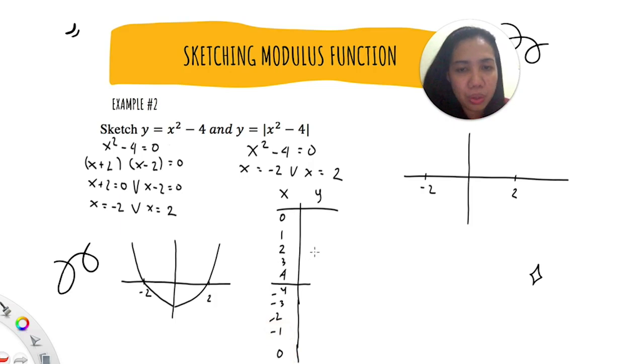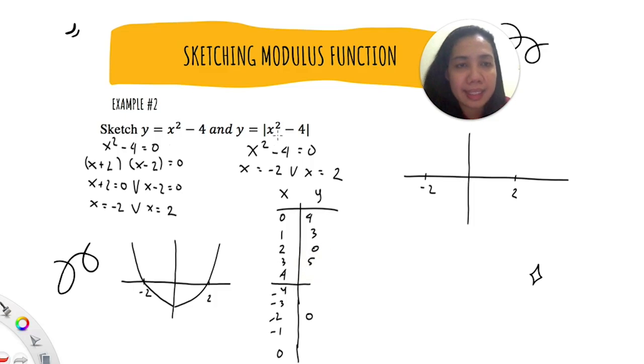For 2, actually we'll have y equals 0. For minus 2, we'll have 0 also, because it is what we have done before in the factorization. We put 1 in here: 1 squared minus 4 is minus 3, and the absolute value of minus 3 is 3. For 0: 0 minus 4 is minus 4, and the absolute value of minus 4 is 4. For 3, 3 squared is 9, 9 minus 4 is 5, so the absolute value of 5 is 5.